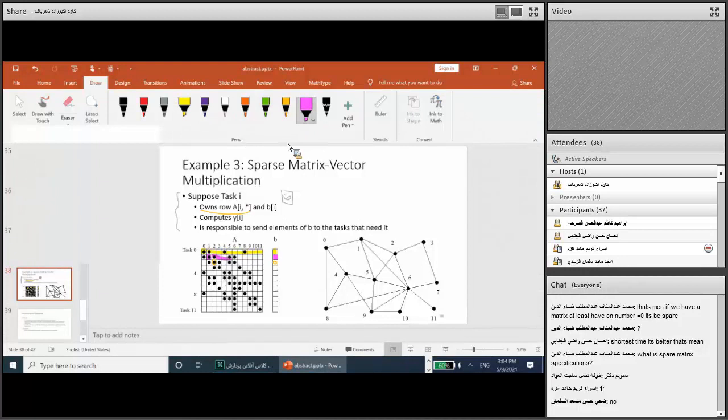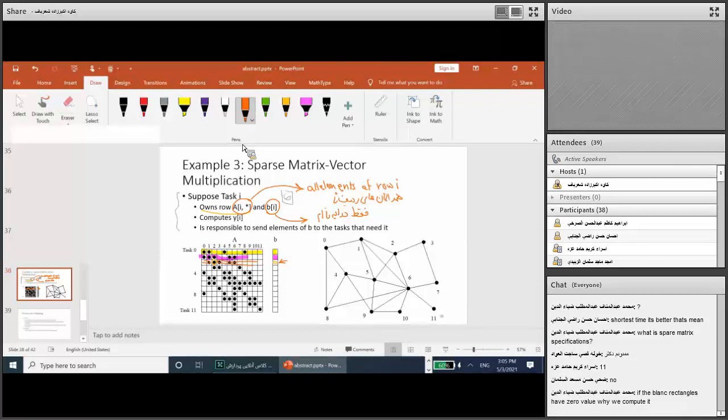Task I should have the rest of the elements of its row too, but from B it has only one: just BI. AI-star means all elements of row I.